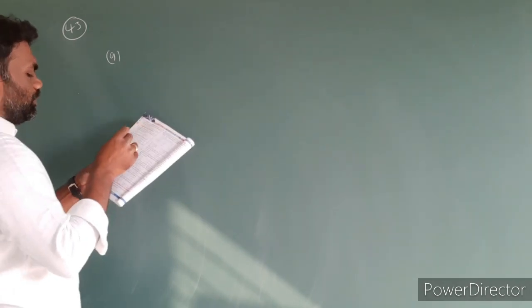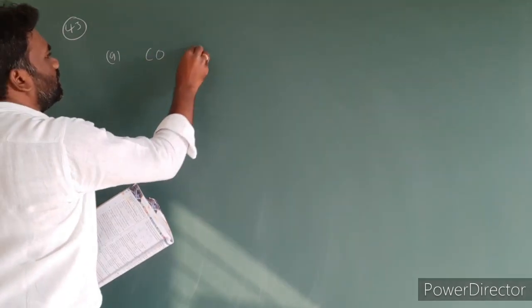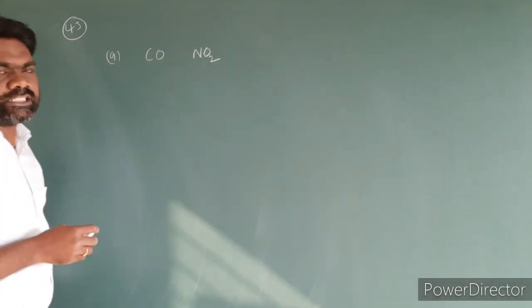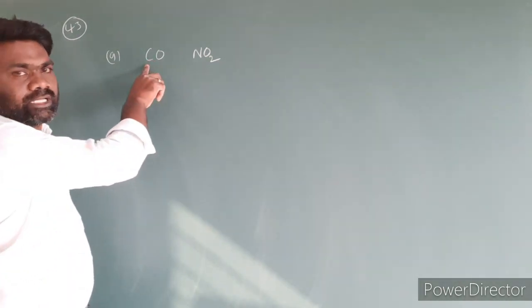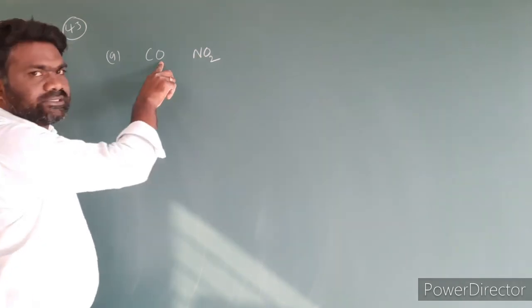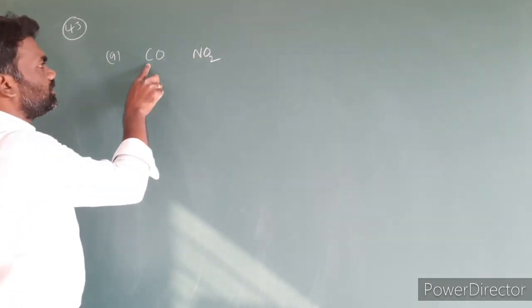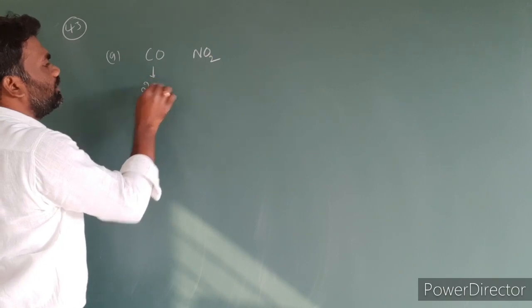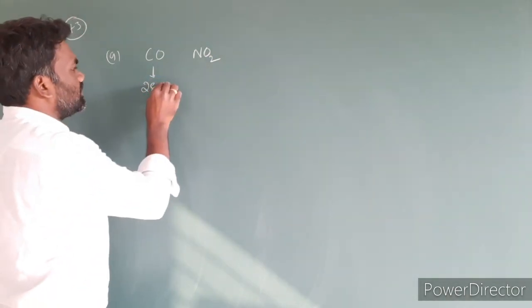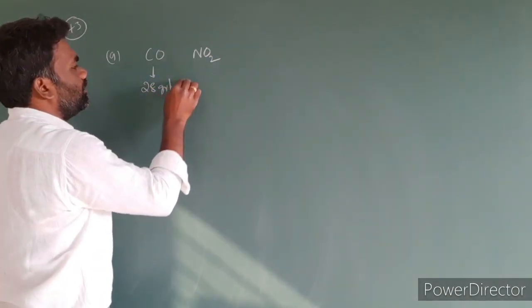Let us check them. The first option I'm taking is carbon monoxide and NO2, CO and NO2. In this pair, for carbon monoxide, carbon is 12 and oxygen is 16, so 16 plus 12 gives the molecular mass of carbon monoxide, 28 gram per mole.